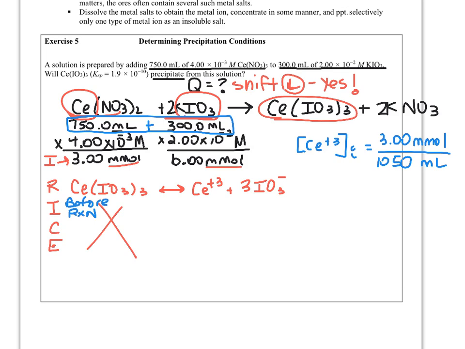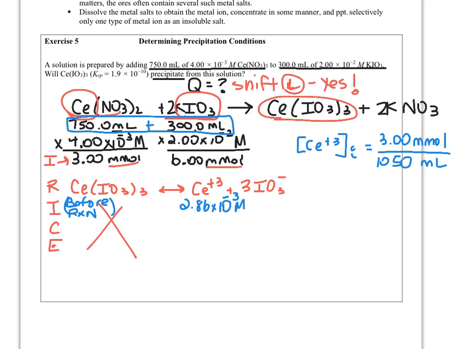That's what we're looking at. It is going to be 3 divided by 1,050. That'll cancel out your milli. And when I do that, I get 2.86 times 10 to the -3 molar.